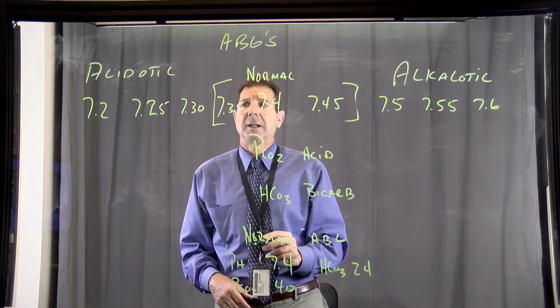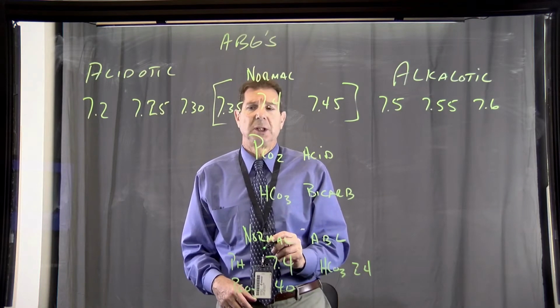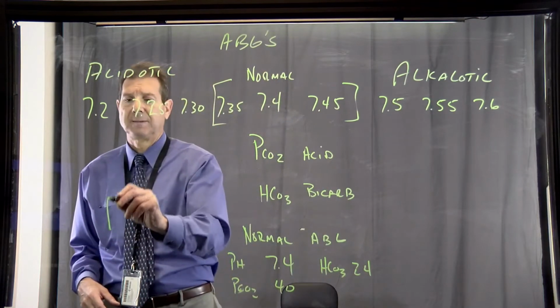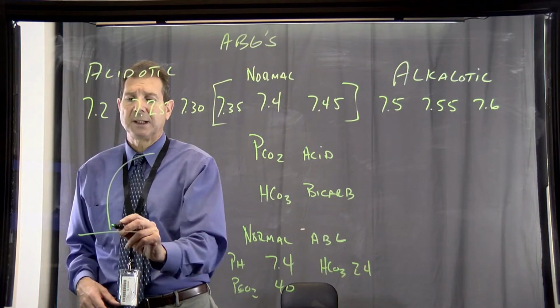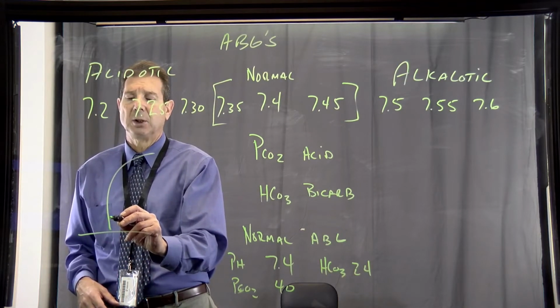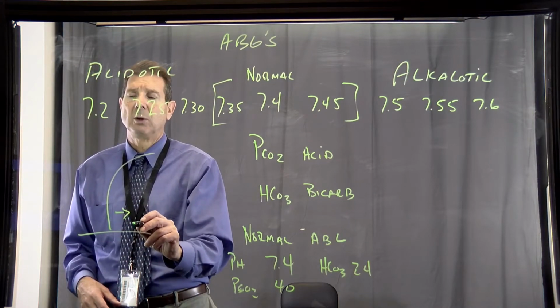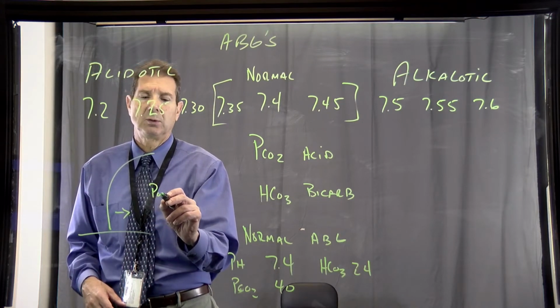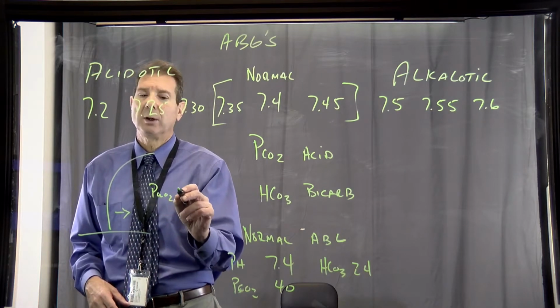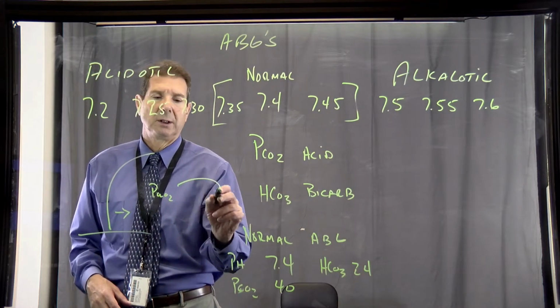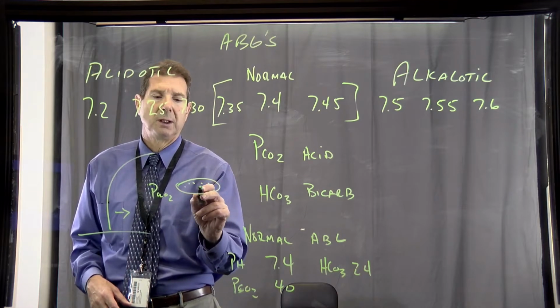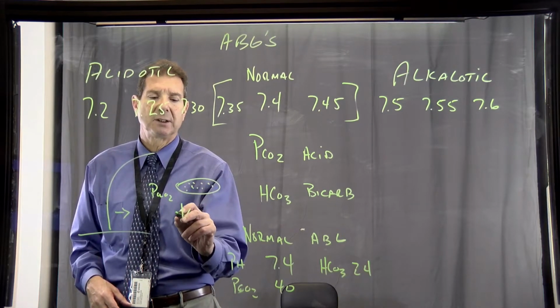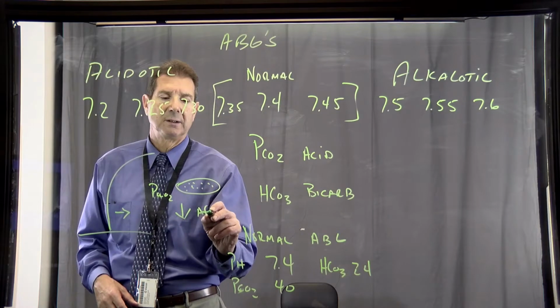And as we've talked about on the oxygen hemoglobin dissociation curve, when you're acidotic, it shifts right, and it will take more PaO2 in order to load up the hemoglobin, because it has a decreased affinity.